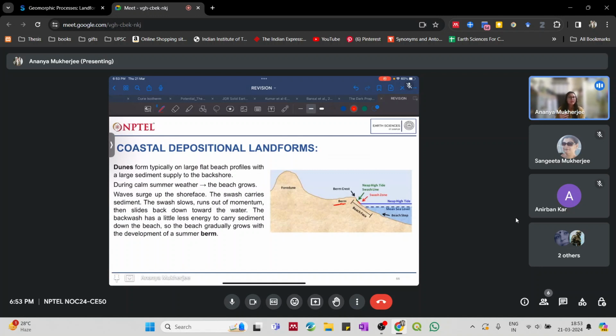So what we get is an elevated feature with a very steep slope. This is called a berm. Over here you can see the berm crest, an elevated part of the beach, and this is the beach face, where you can see a steeper slope is present.